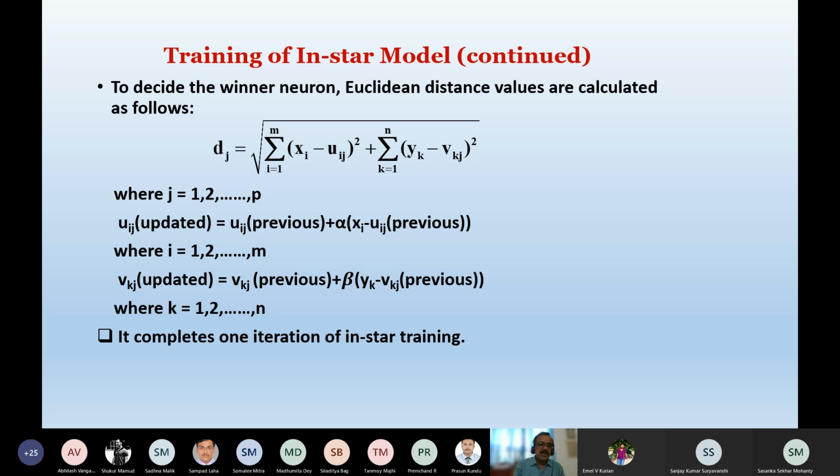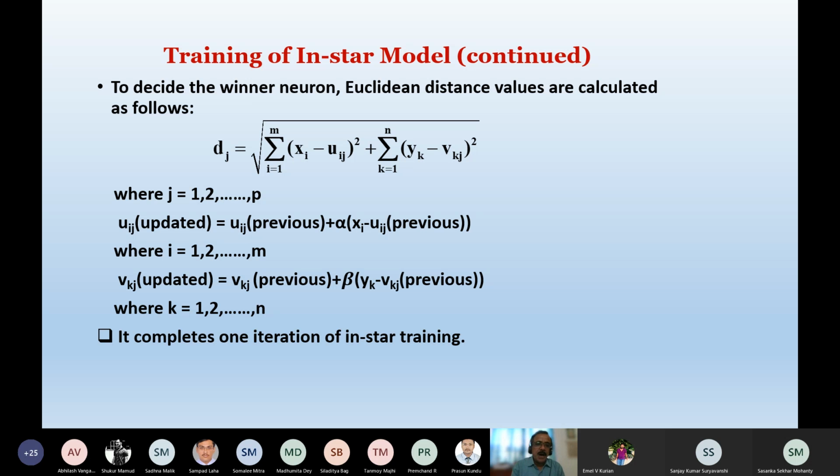The updated uij is nothing but uij previous plus alpha multiplied by (xi minus uij previous). Alpha is the learning rate between the X input and the hidden neuron, which I have already mentioned, and here i varies from 1 to m. What is m? m is the total number of input process parameters.